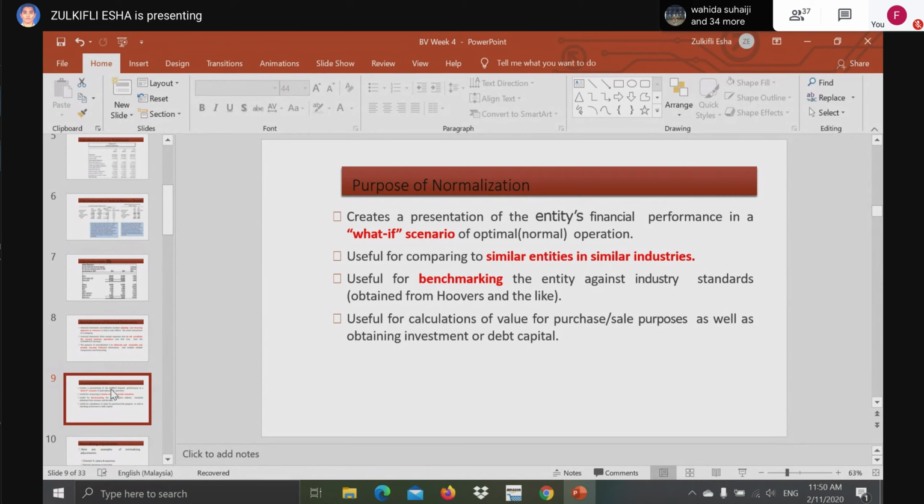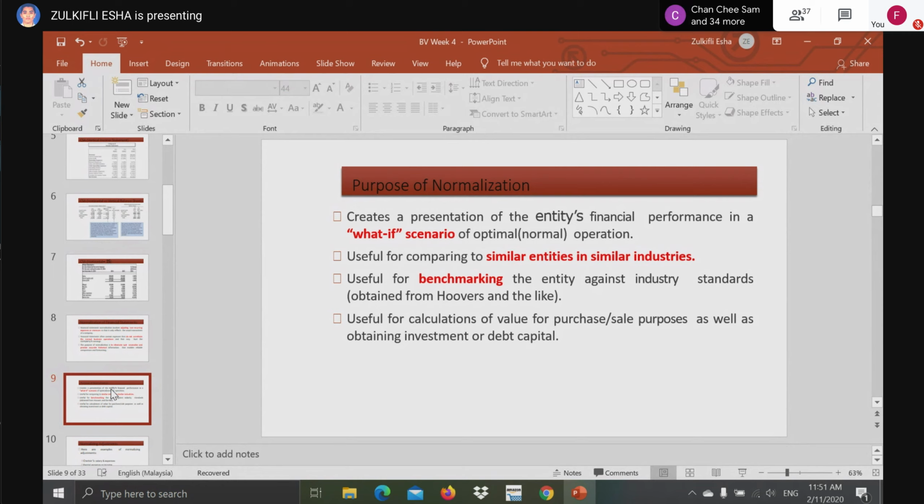So you may need to gather information from the similar company or entities within the same industry. So the comparison activities is to measure our performance as compared to our competitors in the industries.